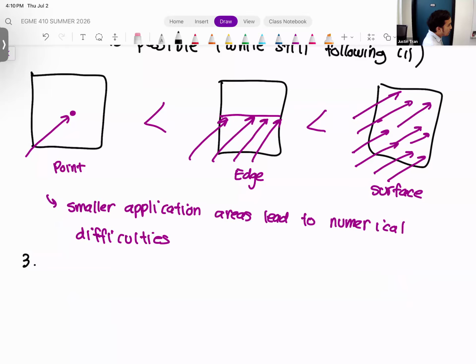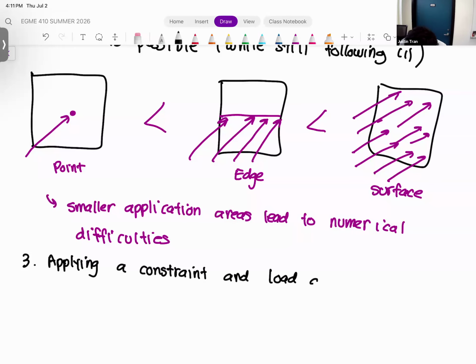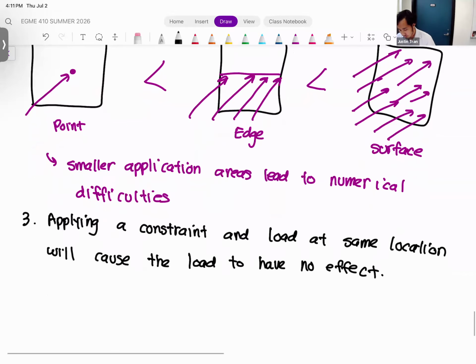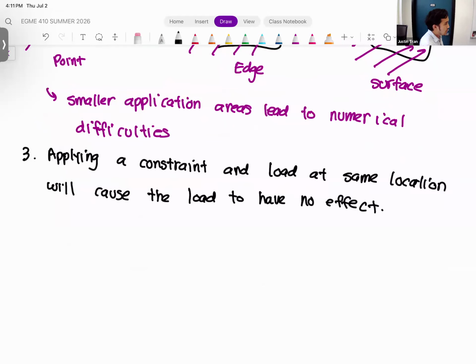When you apply a constraint type boundary condition and a load type boundary condition at the same location, the constraint type boundary condition will always win. That's the one that takes precedence.